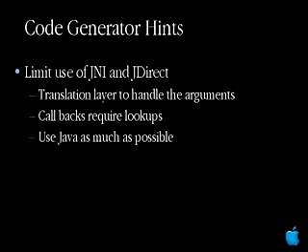Limit the use of JNI and JDirect. And initially when I wanted to do this talk, I wanted to convey to you that if you feel that you can get better performance out of C, you should probably really rethink it a little bit and think that Java is the way to actually write your code. You know, try to avoid going off and doing things if you can.